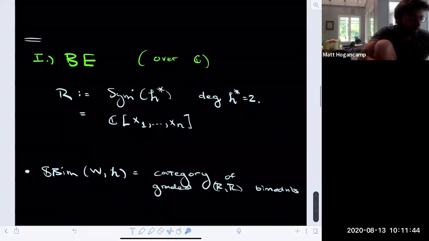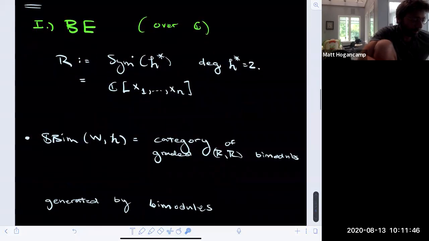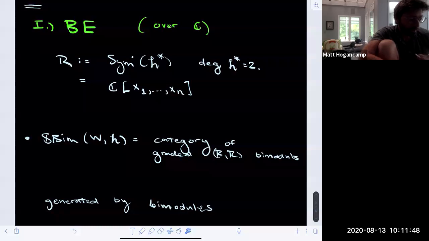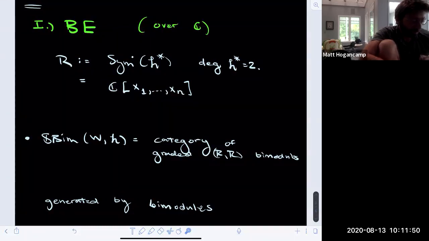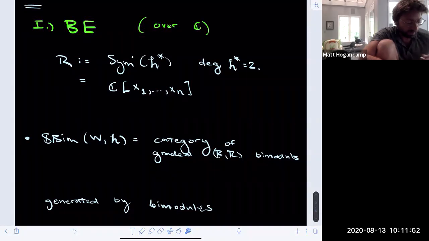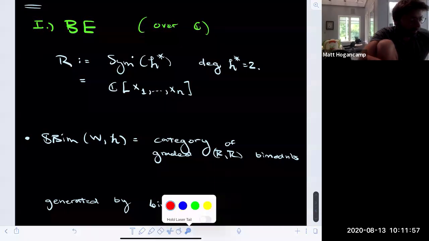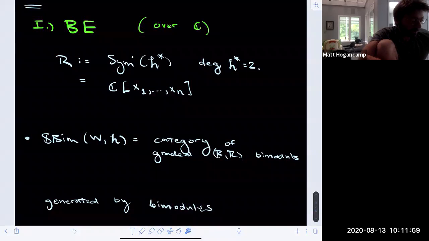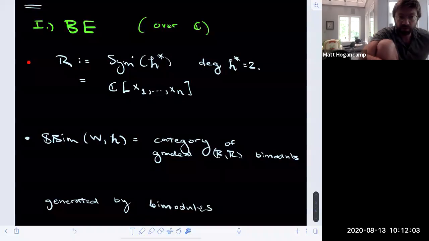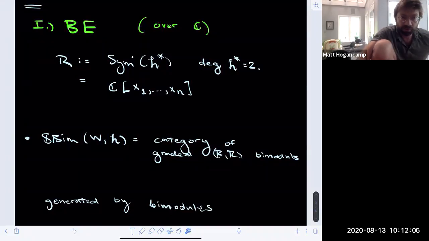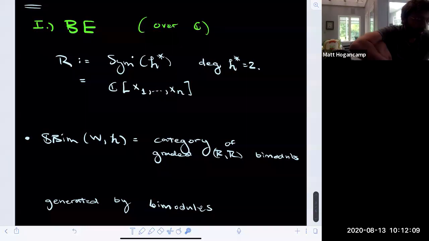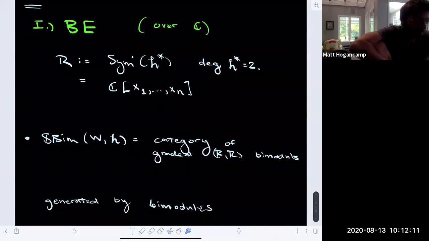Okay, so this will be pretty standard and probably familiar to many people here. So I would like to introduce the category of Soergel bimodules first. So remember, we have this realization of our Coxeter group. The realization is called H. So we define R to be the symmetric algebra of H dual.